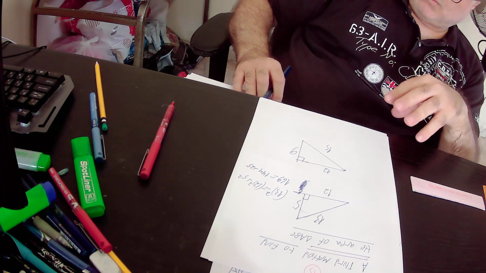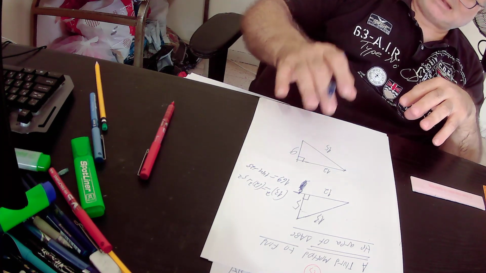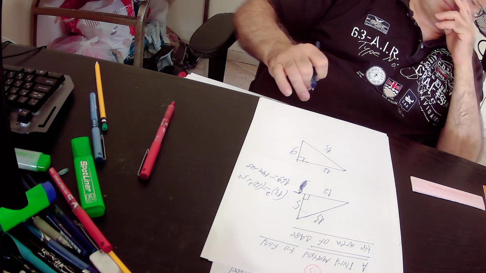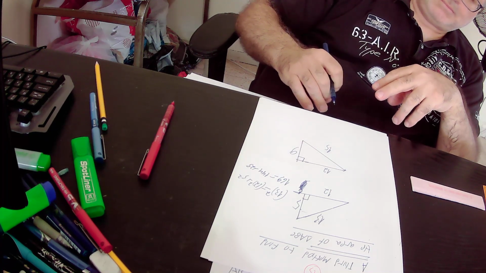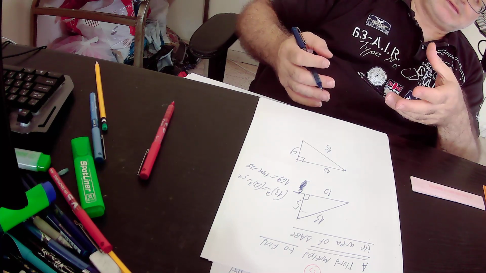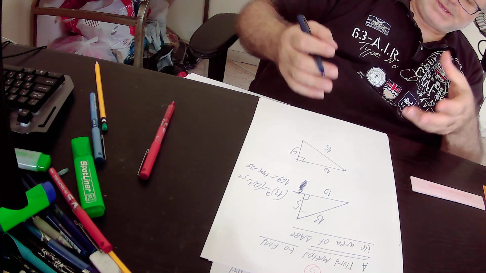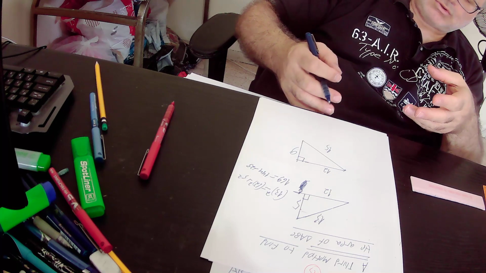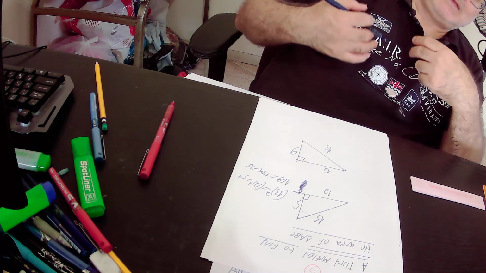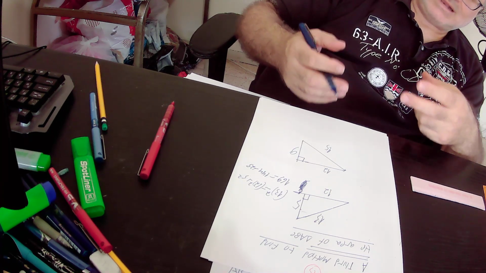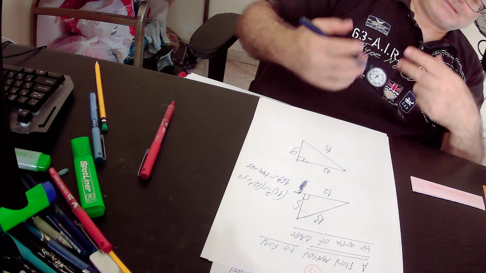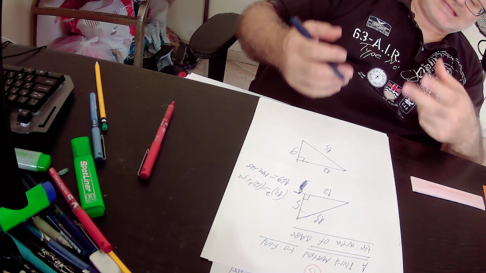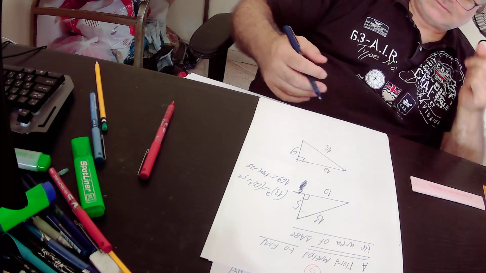Again, we will prove that this triangle is a right triangle, and the proof will be by checking whether it obeys the Pythagorean theorem or not. If this triangle doesn't obey the Pythagorean theorem, then it is not a right triangle.